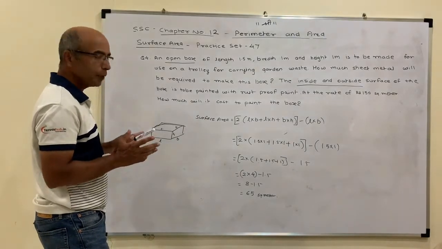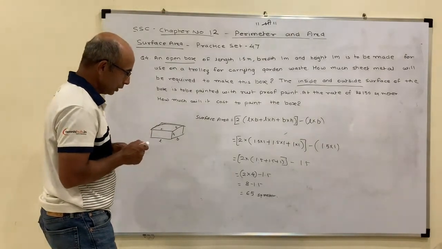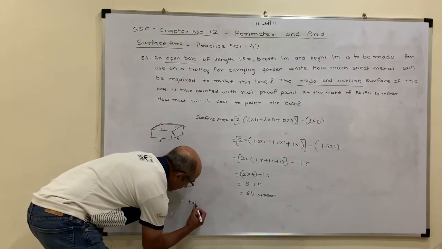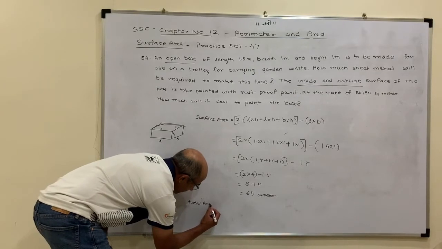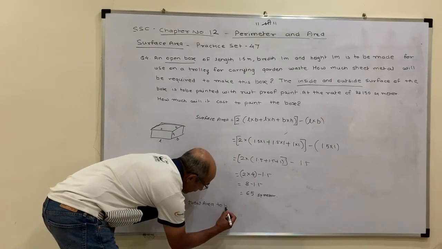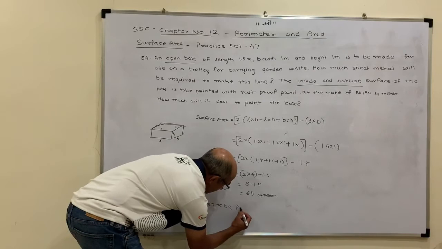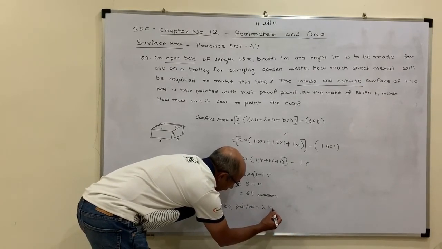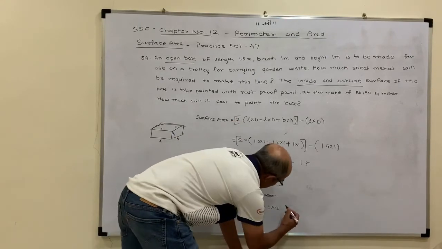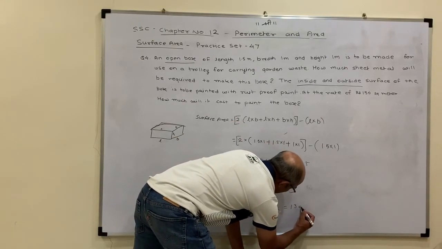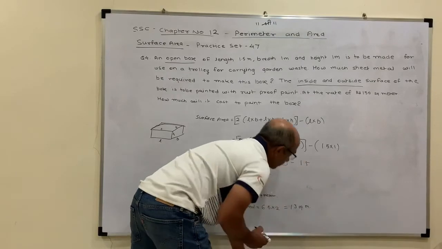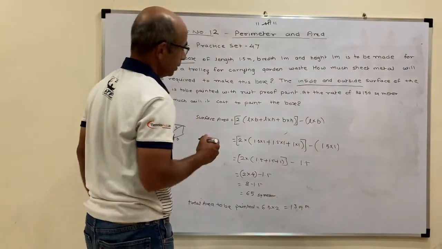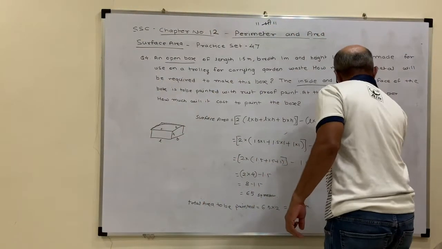Now I need to paint it on both sides. So the total area to be painted is equal to 6.5 into 2, that comes out to be 13 square meter. So now I need to find cost. So here I will solve the cost issue.